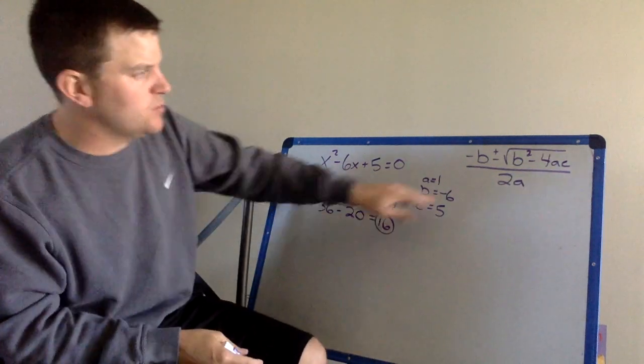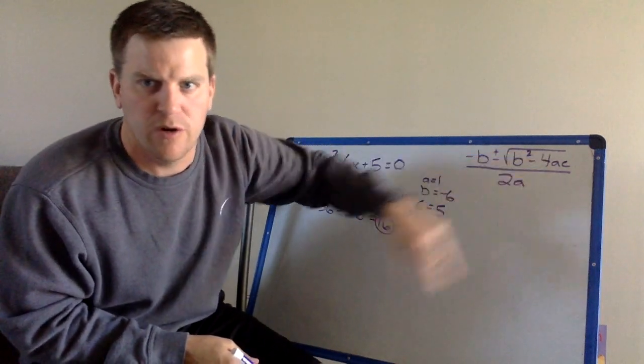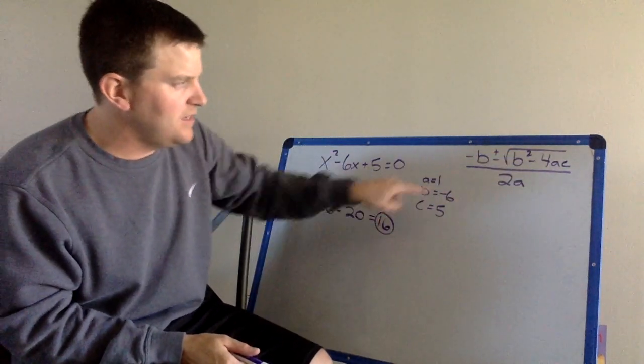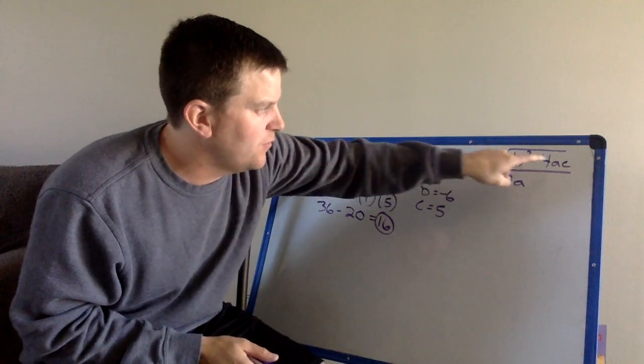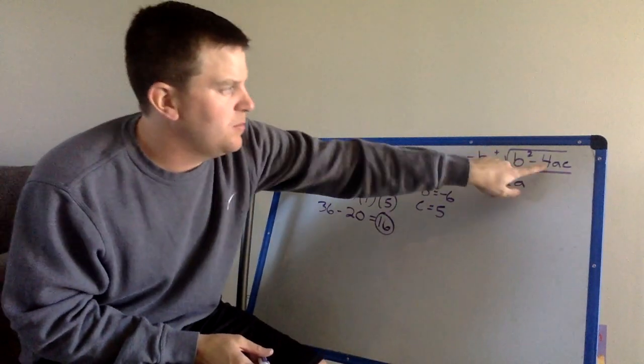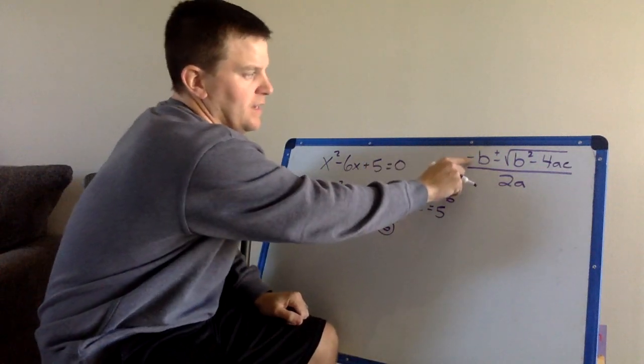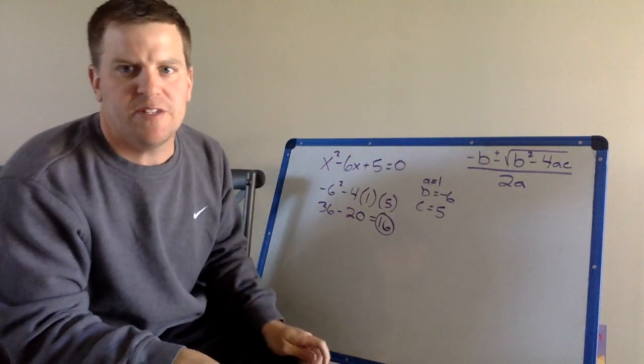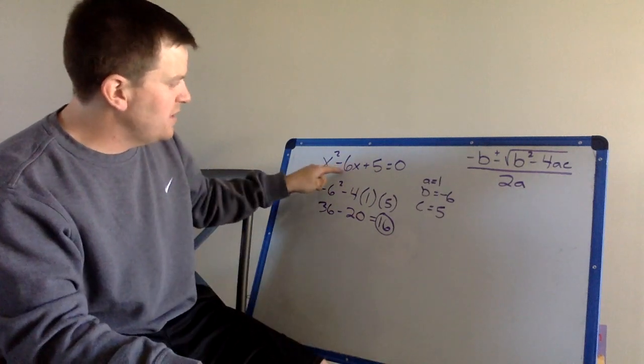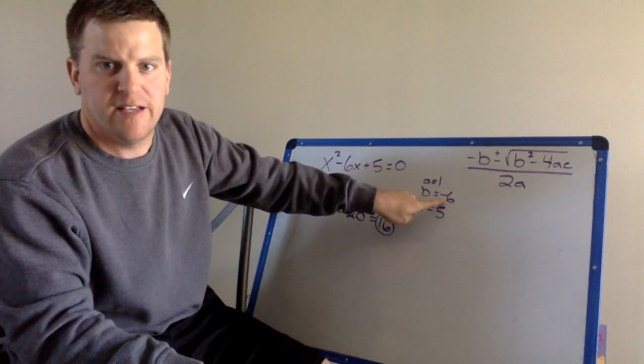Okay, so the good news is we took care of this ugly stuff underneath the square root. Now we can just take that 16 and instead of plugging in for all those things, we already did that, we're just going to put 16 under our square root. Okay, so what we have now, the negative b means it's the opposite of b. So whatever b is, take the opposite of that.